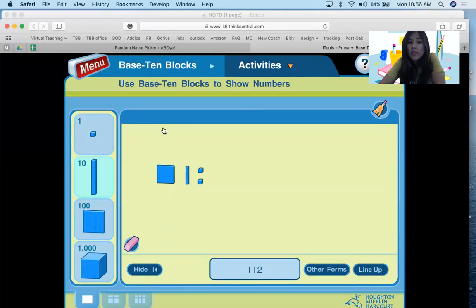Are you going to decompose the 100? Because you can. Are you going to decompose the 10? Because you can. Or are you going to decompose both the 100 and the 10? It is for you to decide.